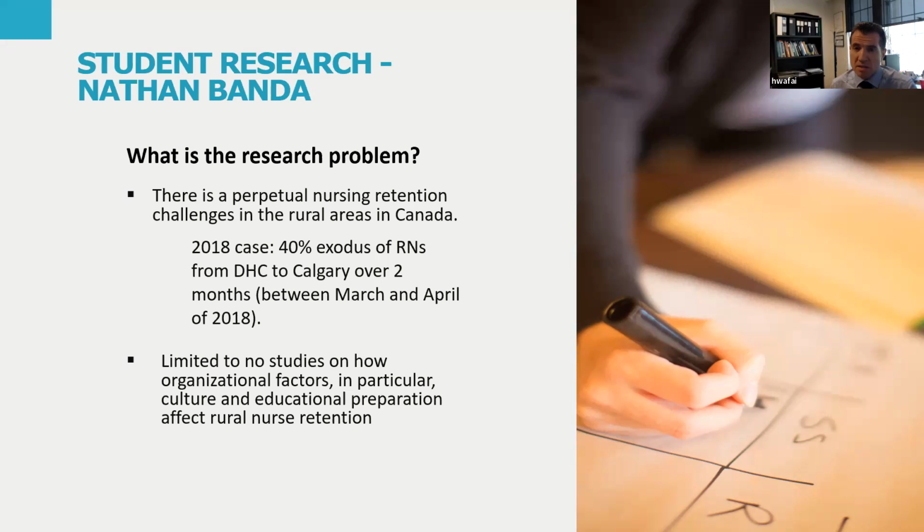Now, it's not only happening in 2018. He noticed that it is always happening. It's so difficult to retain a registered nurse in rural areas. So he went to the literature to find out what we can do, and actually he found that there's very little study on how to retain nurses in rural areas, or what factors could help retain nurses in rural areas.